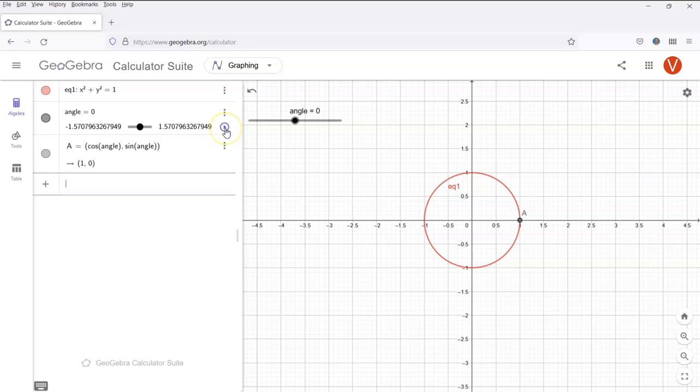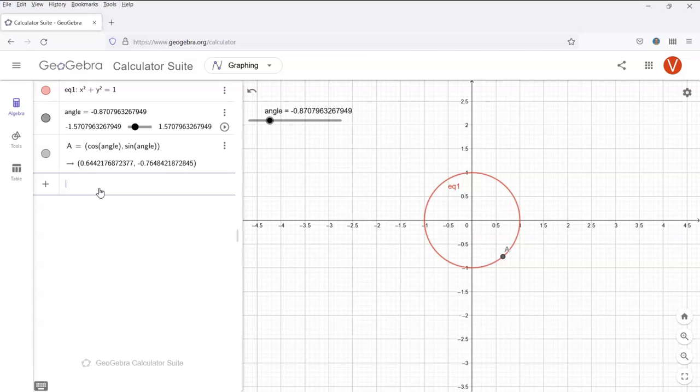Now if I ask it to keep changing the angle by 0.1, see how it changes. So initially it increases, goes up to pi by 2, then comes back, then goes up to minus pi by 2 and comes back. Okay, let's stop this.